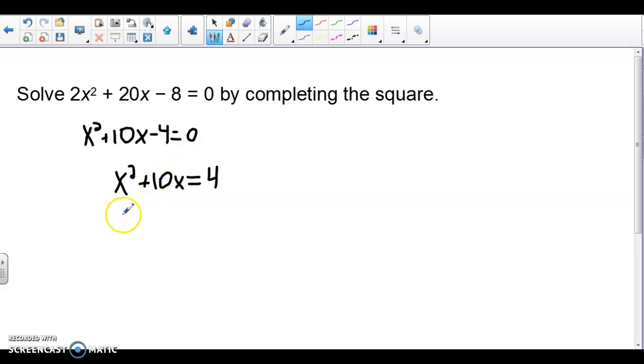So if we're taking half of b, which would be 5, squared, that would be 25. So we'll add 25 to both sides, giving us a plus 25 on the left-hand side, completing our square. And on the right-hand side, we have 29.